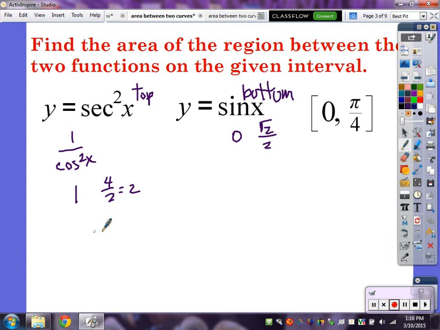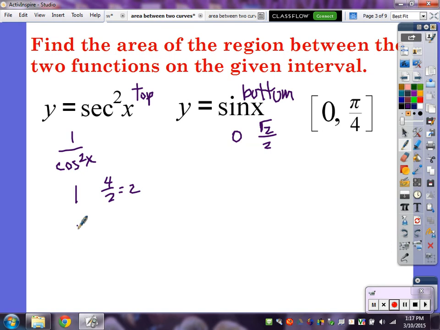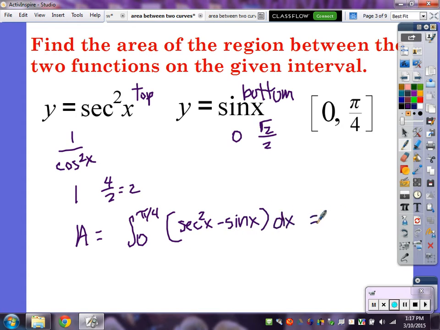So setting it up in the integral that we just were given, I would say the area between these two curves is equal to the integral from 0 to pi over 4 of top minus bottom, so secant squared x minus sine of x all times dx.